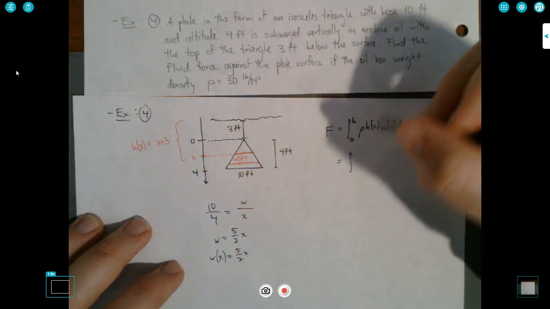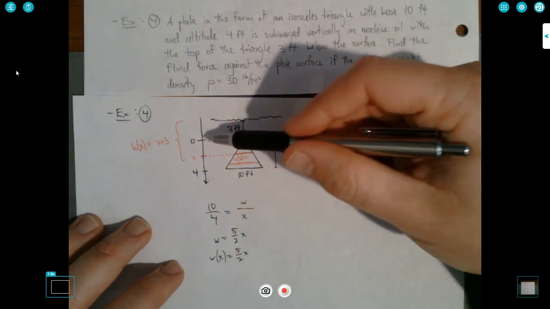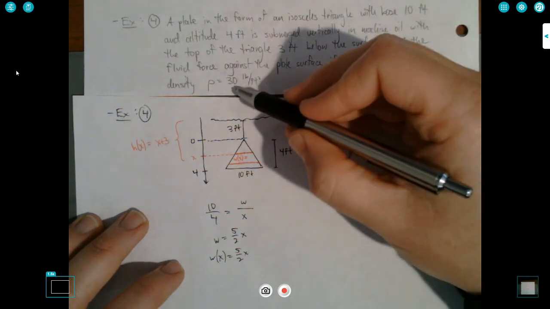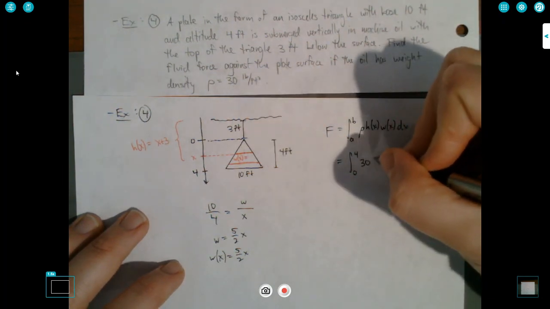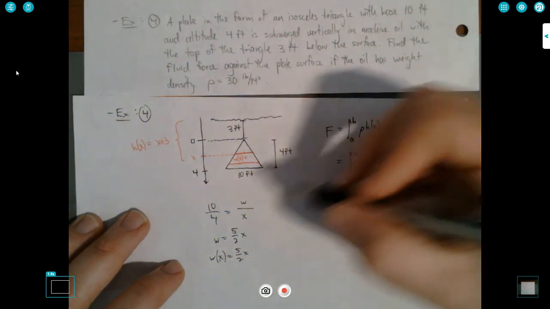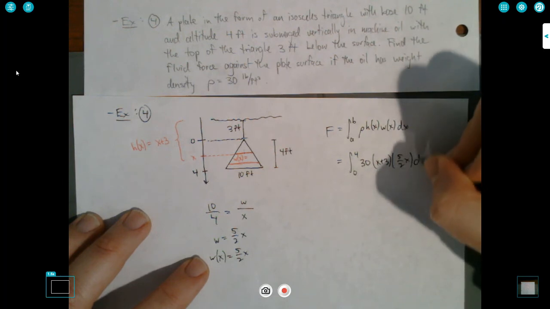I'm going to integrate over the entire surface, from 0 to 4, of rho, which is 30, times h of x, which is x plus 3, times w of x, which is 5 halves x.